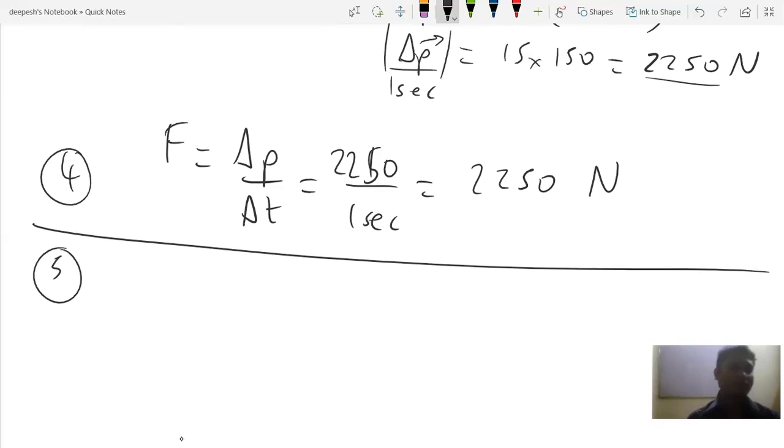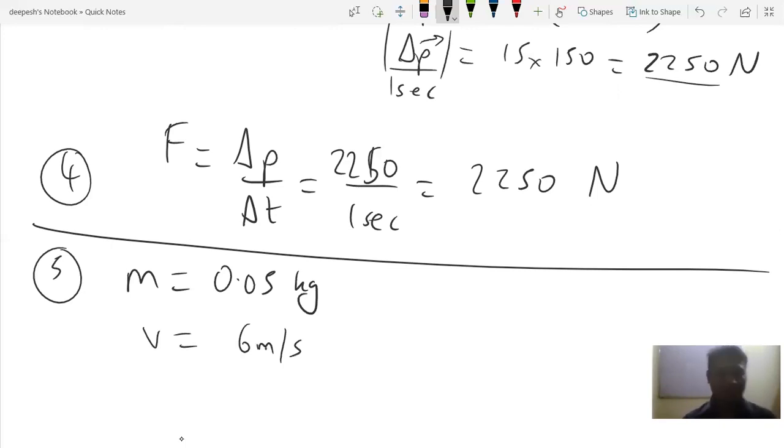Now moving on to illustrative example 5. We have two billiard balls which are moving in opposite directions. The mass of each billiard ball is 0.05 kg. They are moving in opposite directions at 6 meters per second.